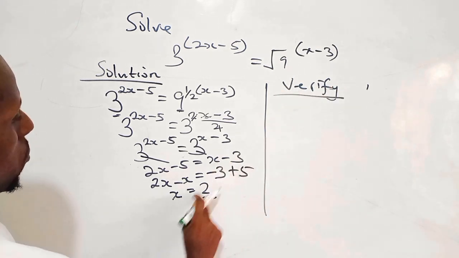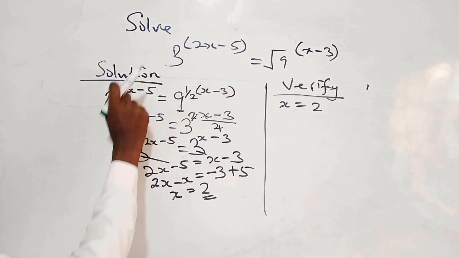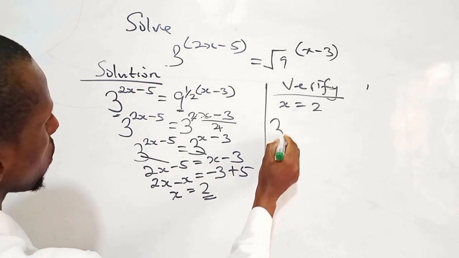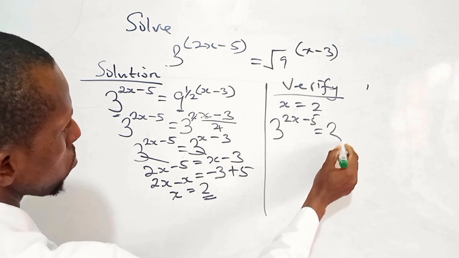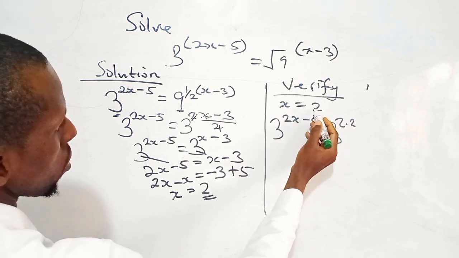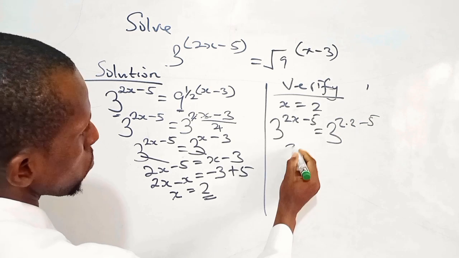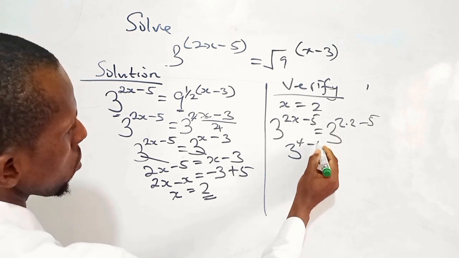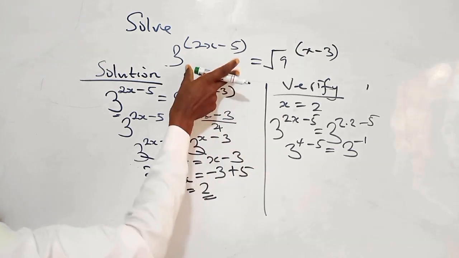When x is 2, let us work with the left hand side of the equation. So we have 3 raised to power 2x minus 5, which is 3 raised to the power 2 times 2, minus 5. So here we have 3 raised to the power 2 times 2 is 4, 4 minus 5, we have 3 raised to the power minus 1, for the left hand side.